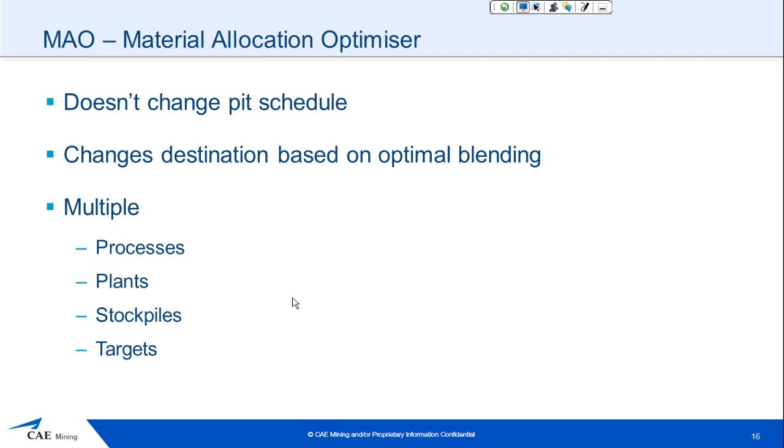With MAO, or the Material Allocation Optimizer, the pit will still be mined in the same sequence, but we are able to change destination for optimal blending. We're able to have multiple processes, plants, stockpiles, and targets. So I'll just quickly go through some of those settings, and then we'll go into the demo.